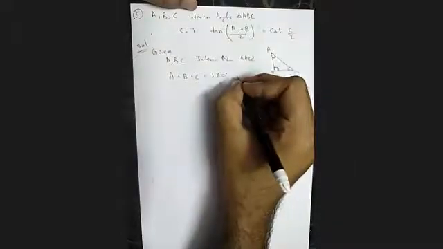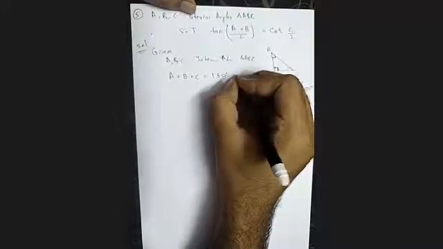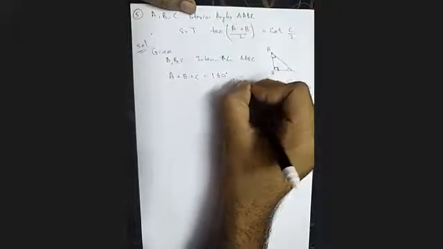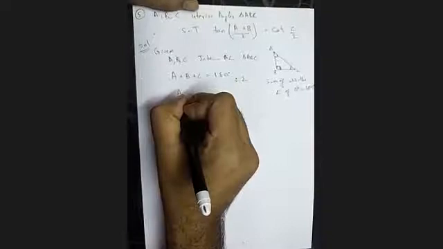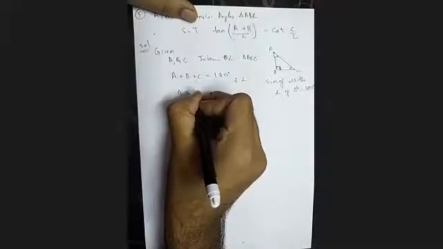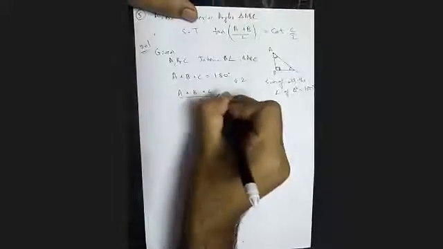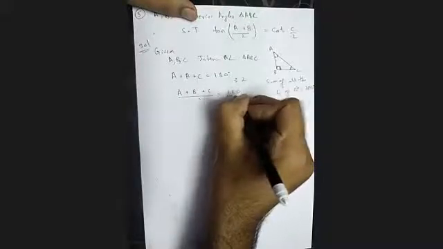Now I am going to divide it by 2. So A plus B plus C by 2 is equal to 180 by 2.